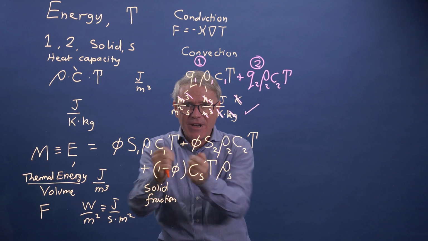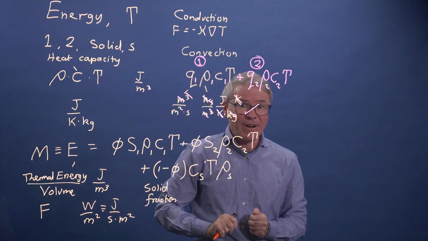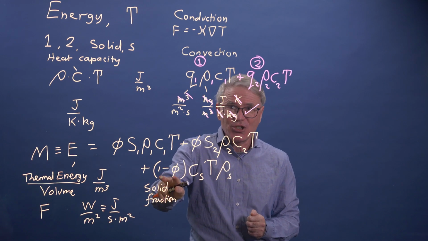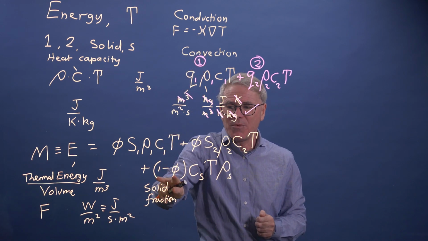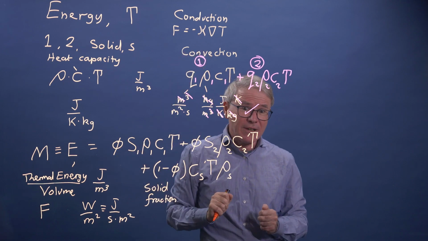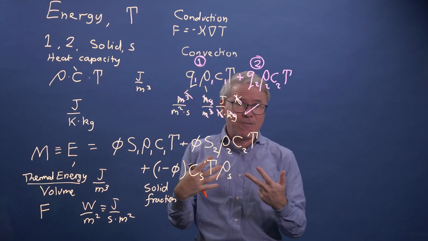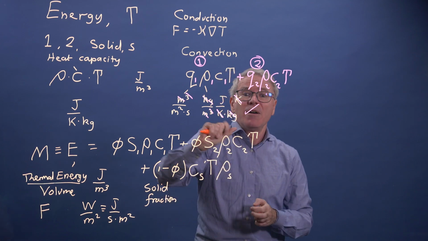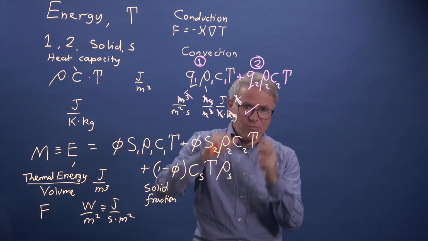It only occupies a fraction 1 minus phi. So we traditionally multiply this coefficient by 1 minus phi for the solid and by phi when we're treating the liquid. And it's the same as what we did with diffusion. In a porous medium, we multiply the diffusion coefficient by porosity to look at the restricted volume.